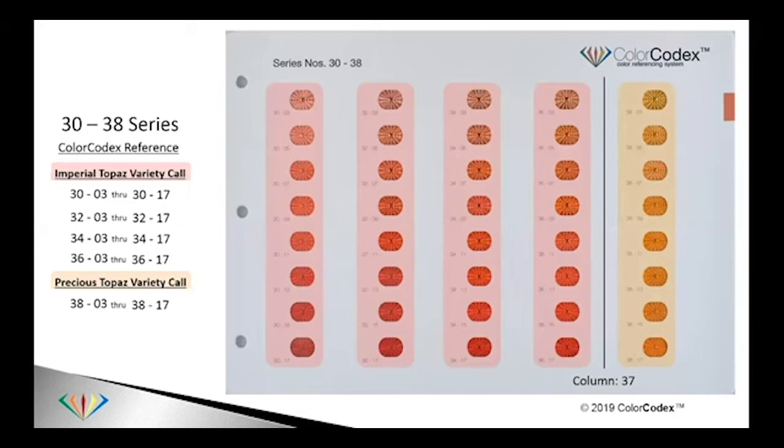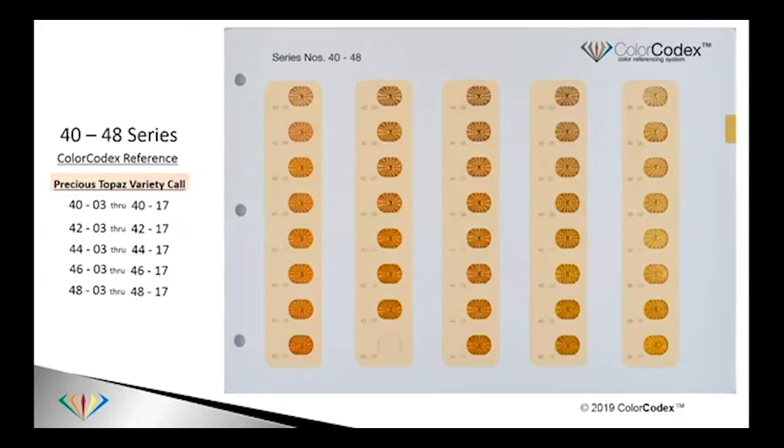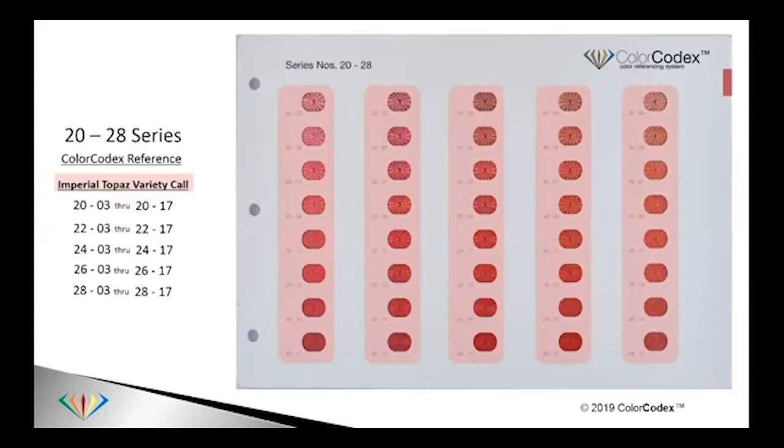And then as you go on to the next page, which is this 40 series sheet, you see here we're only talking about the topic of precious topaz. If you go in the opposite direction, we see here we're only talking about the topic of imperial topaz. And so we find a very good complement in the ColorCodex system, a visual-based system, with the objective or spectroscopic data that we've collected.